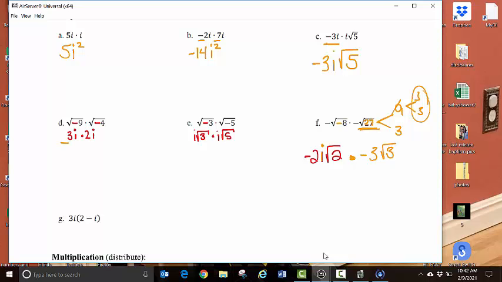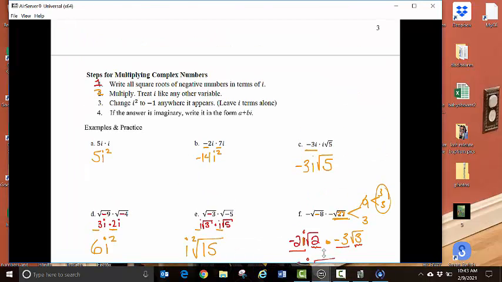Multiply the numbers. 3 times 2 is 6. i times i is i squared. Okay, i times i, that's i squared. And then 3 times 5 is 15. And then this last one, negative 2 times negative 3 is positive 6. We still have an i, and then 2 times 3 is 6.